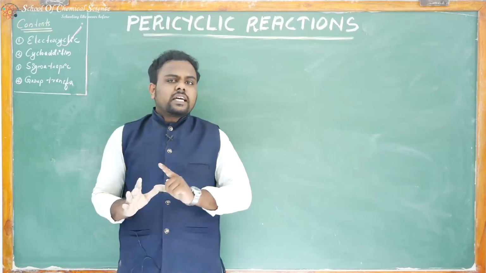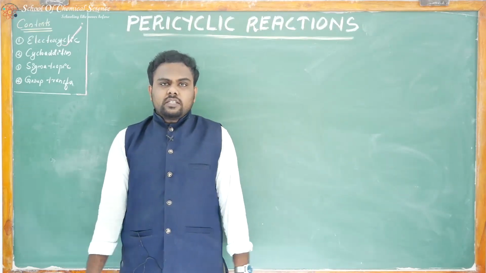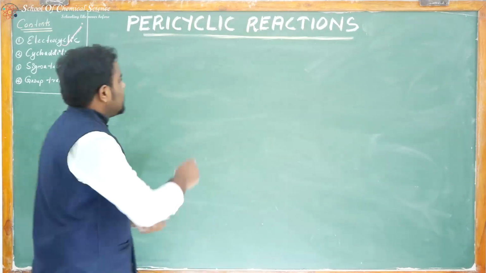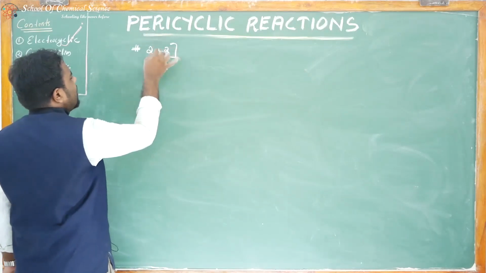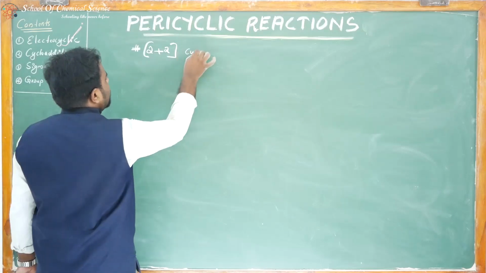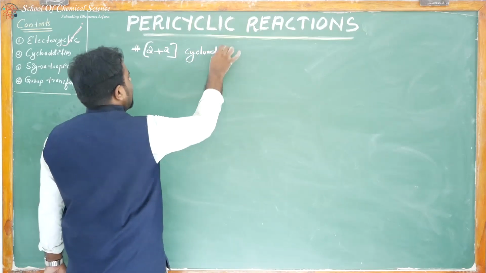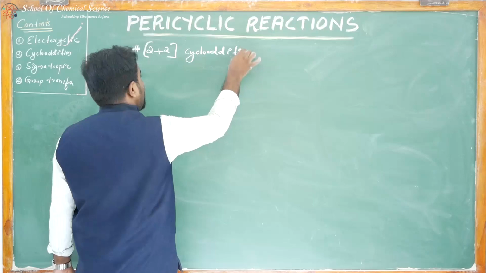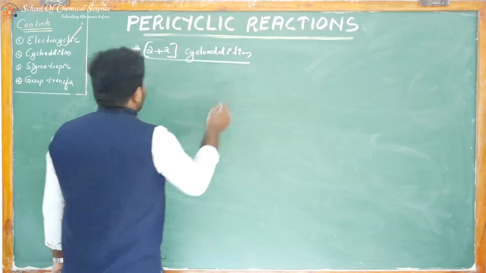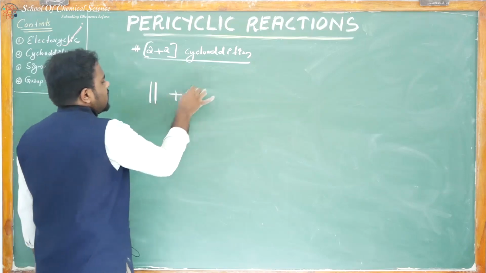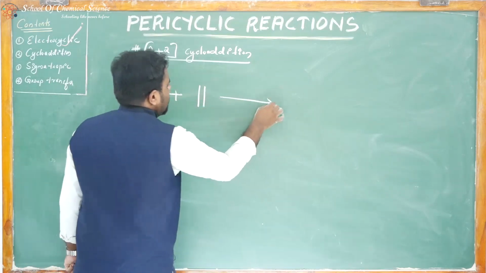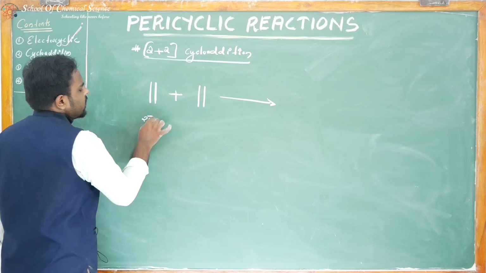The most important cycloaddition reaction is 4+2 cycloaddition reaction. One more cycloaddition reaction is there, that is 2+2 cycloaddition reaction. This is also important. Consider these 2 molecules, a 2 pi electron system.